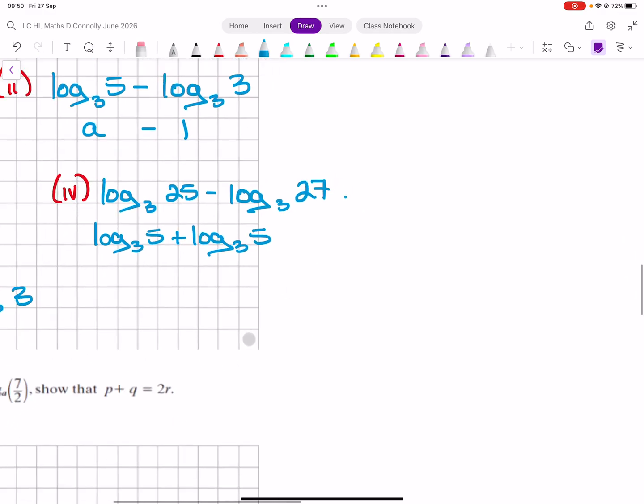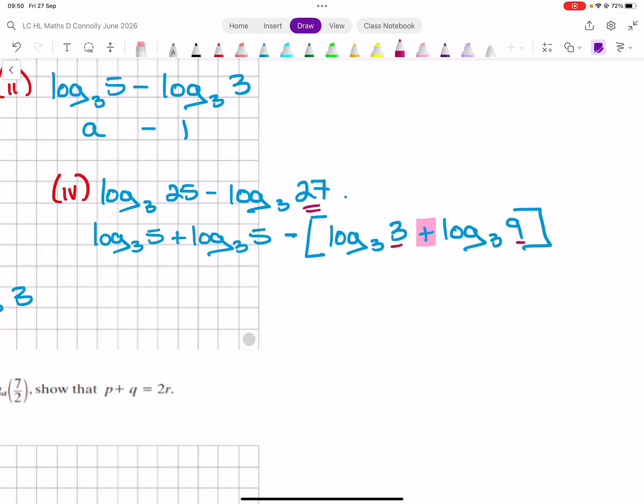Now this one: log to the base 3 of 3 plus log to the base 3 of 9. Does that work? The plus means I multiply those two to get this. So that does work, 3 9s are 27. Okay, this is a, this is a, this is 1.